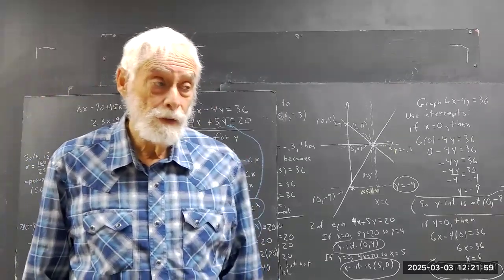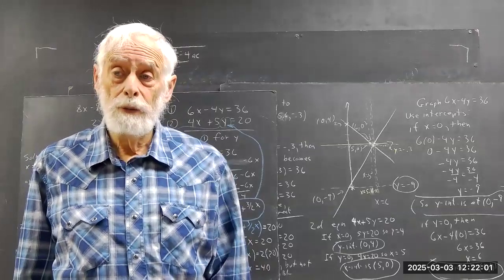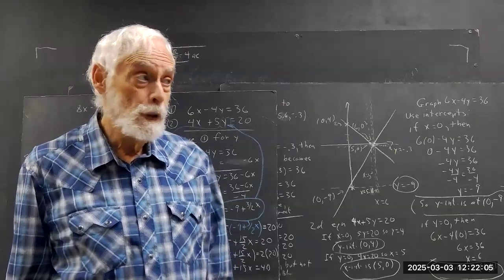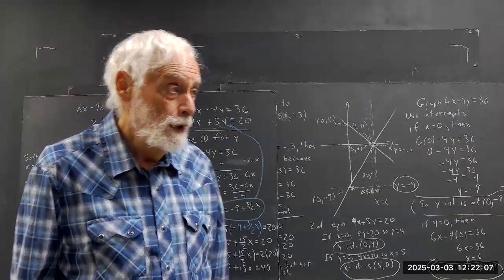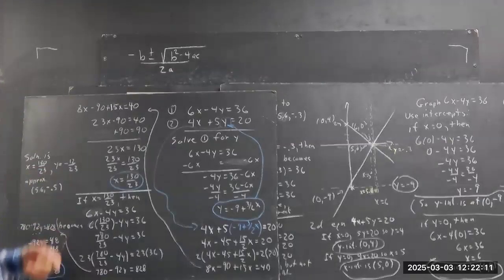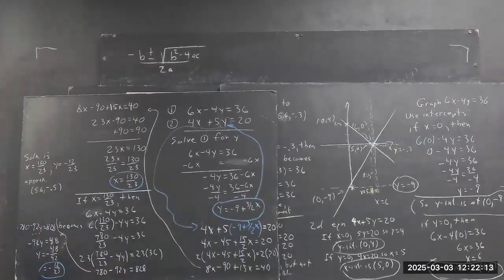Their examples are going to have simpler numbers in them, and most of the problems will have simpler numbers. I don't think you're ever going to have fractions that end up with a denominator of 23. Although if you do, you should be able to handle it, if you're just careful and don't make as many mistakes as I do.